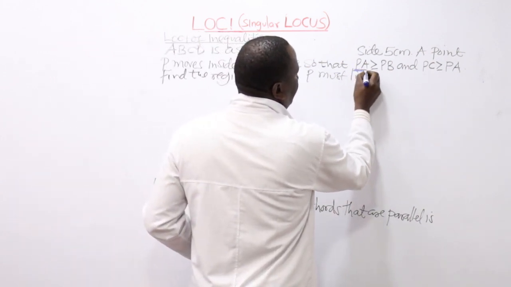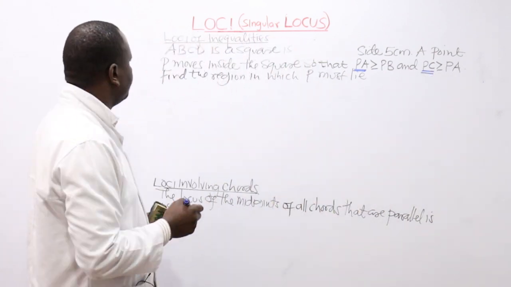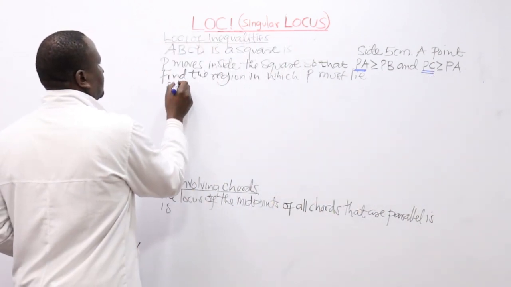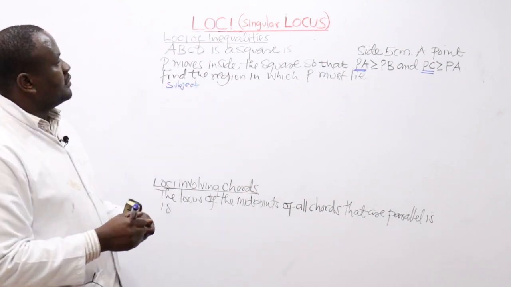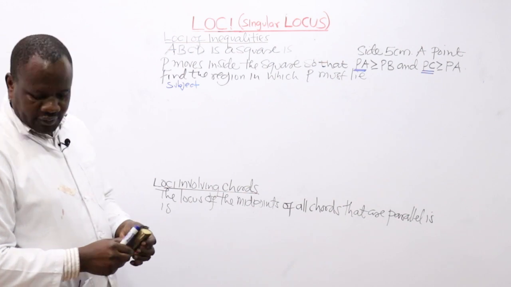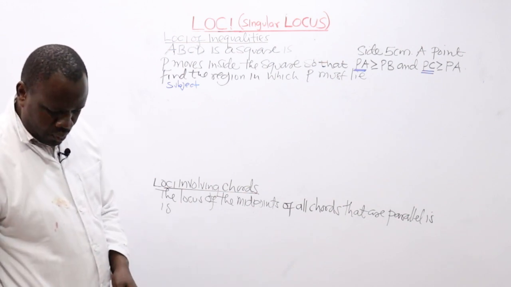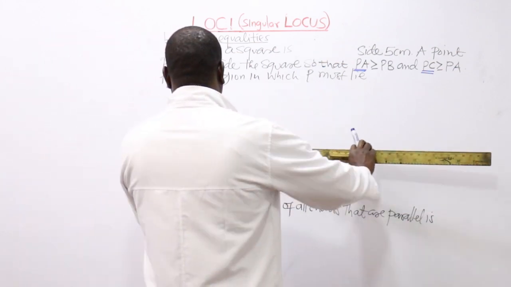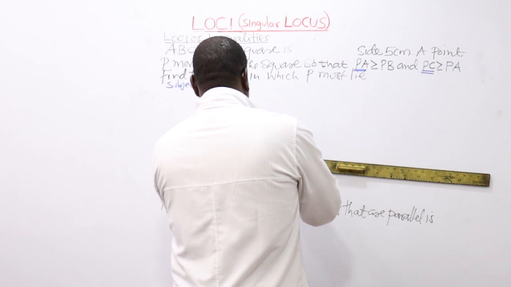The one that is given first is the subject. So we construct the square. Make sure it is 5 centimeters.